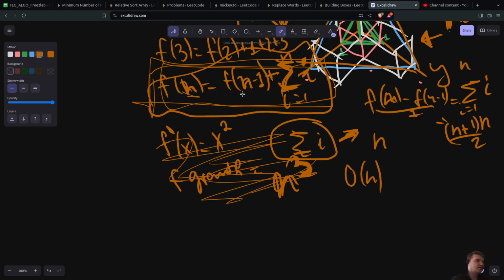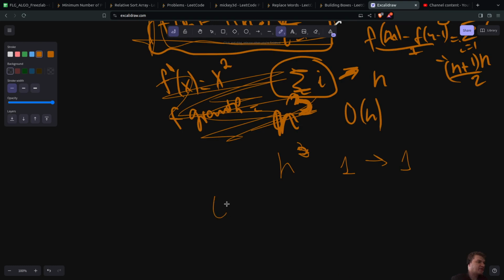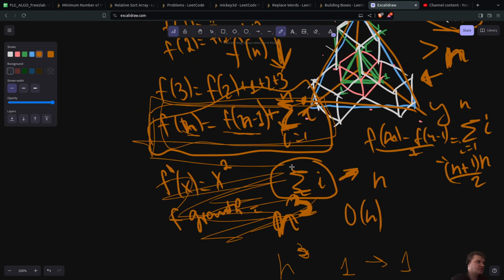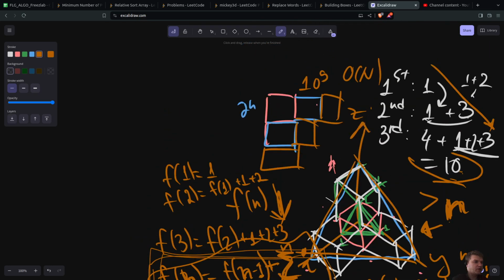And because f of n grows with the rate of n cubed, it means that we calculate the first one, the output is going to be 1. I guess the time complexity, even if I use this recurrence formula for calculating n, is not going to be linear. So that's how I calculate the first part.